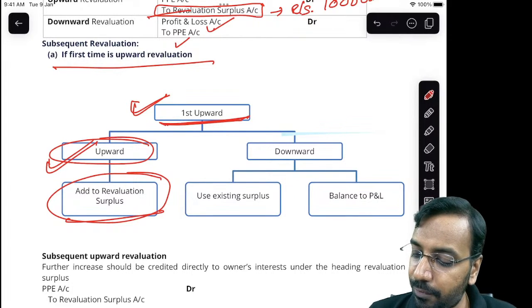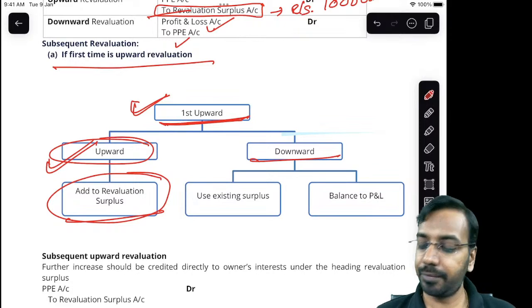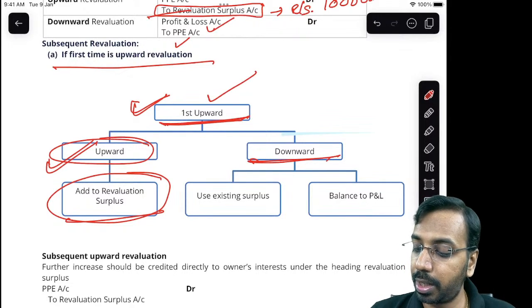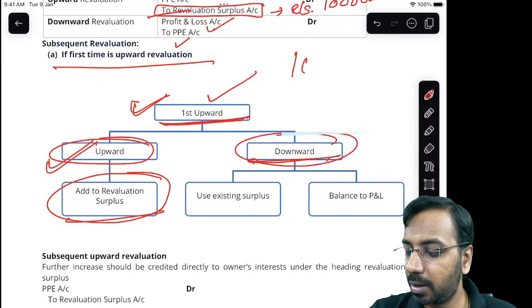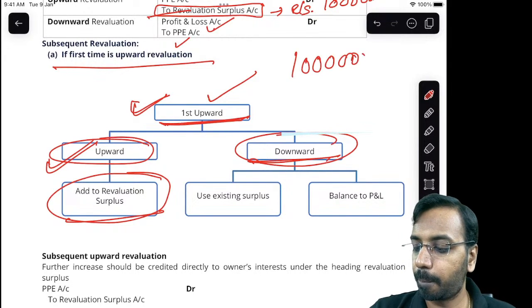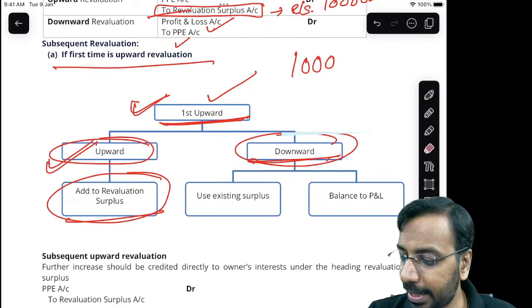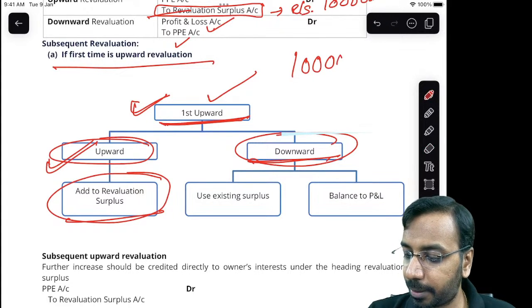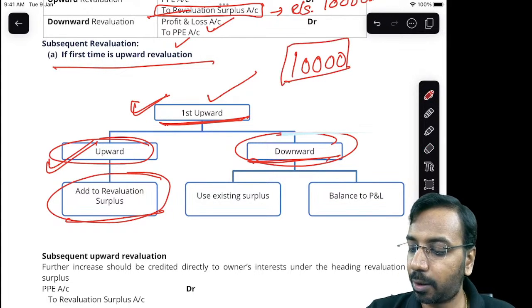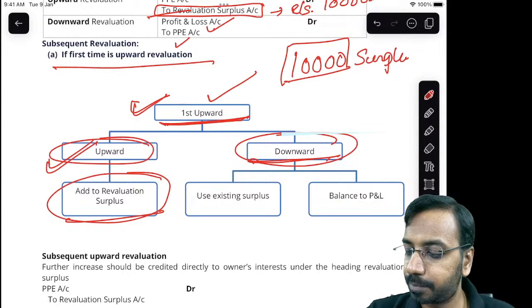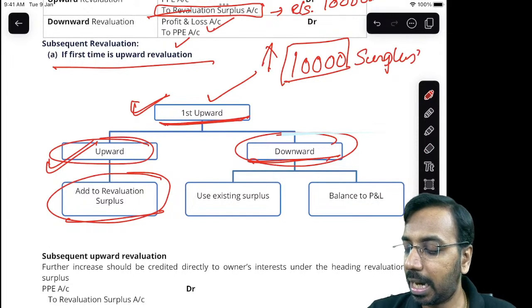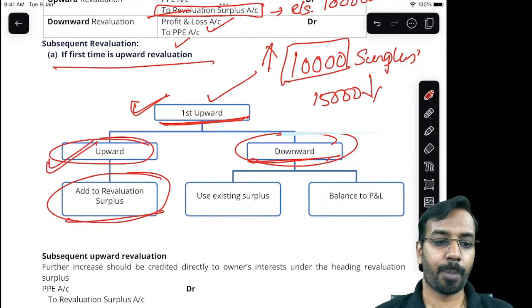Then, if the first is upward and the second is downward. First time it is 10,000 surplus, upward revaluation. Now it is a 15,000 downward revaluation.